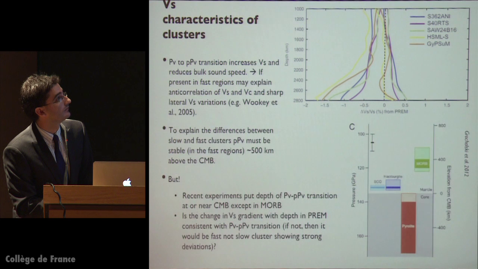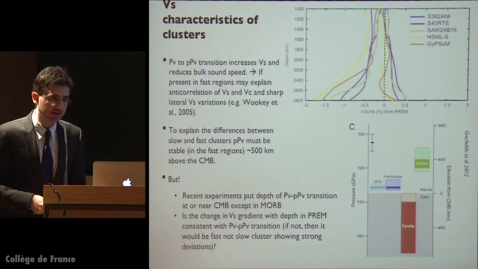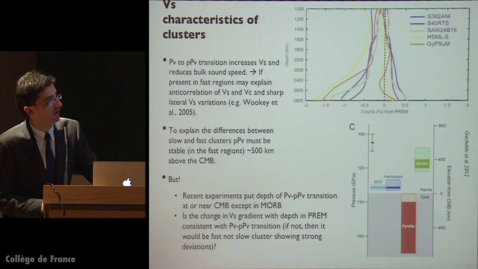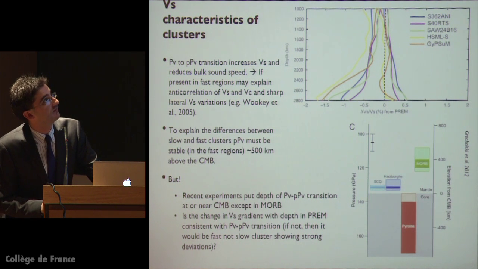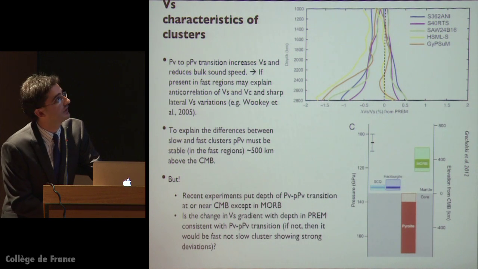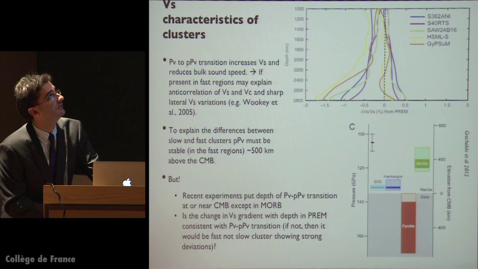Another way that you might try to explain these various properties of the lowermost mantle is to invoke the perovskite to post-perovskite transition. What happens when perovskite transforms to post-perovskite is that you increase the VS and you reduce the bulk sound speed.